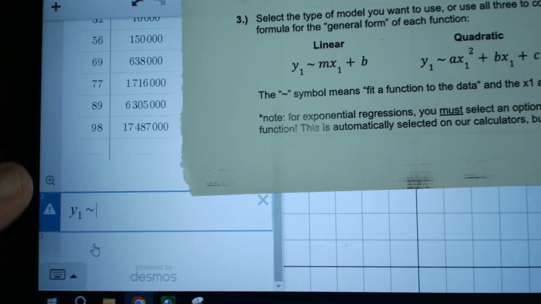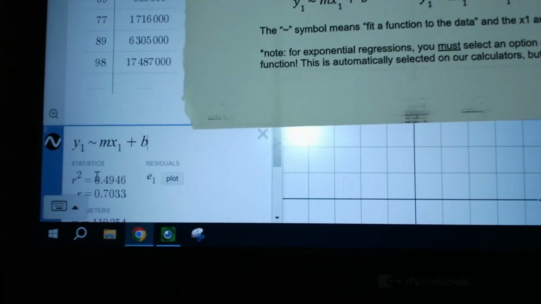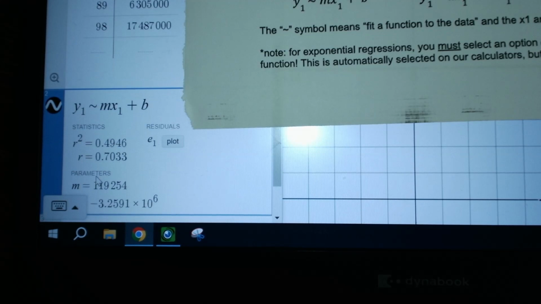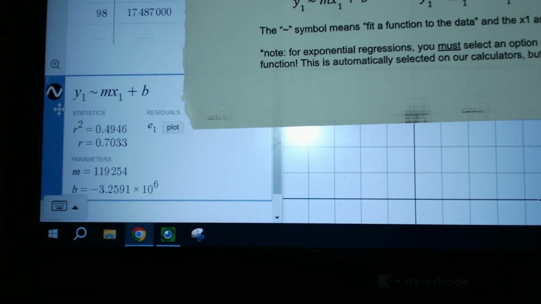That's exactly what we're about to type in, except mx with a little 1 after it, plus b. To get the little 1 after it, just press the number 1 and keep moving on. You can see it automatically pops up with a bunch of information. The statistics r squared and r are there, and the m and the b are there.